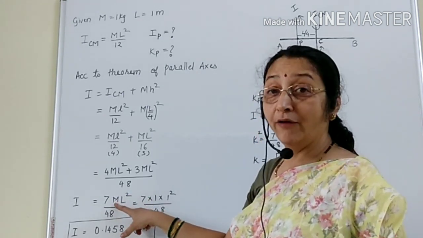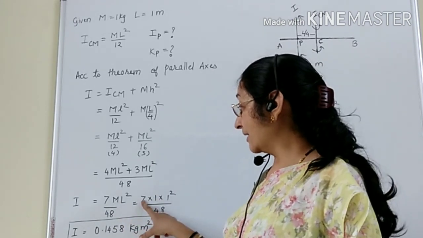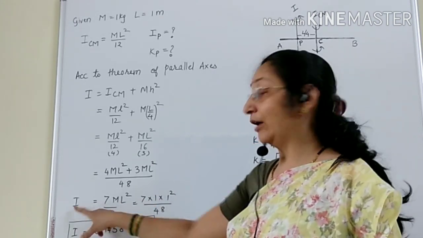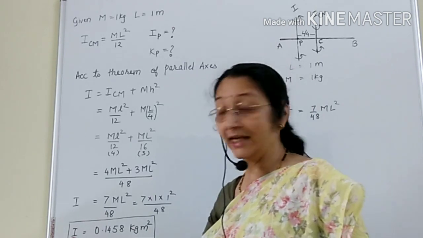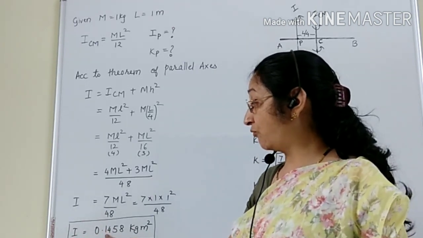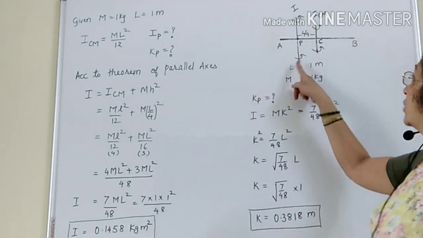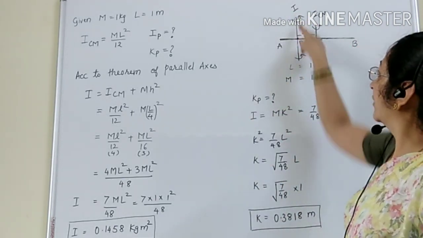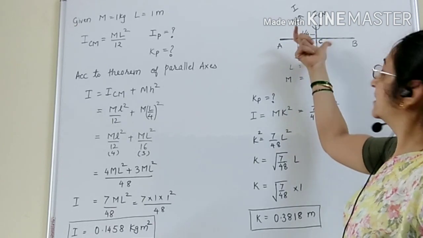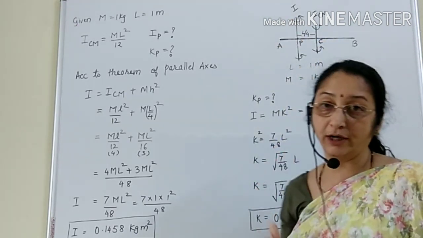Putting the value of m and l, we get 7 upon 48 as the value of I, which we calculated as I is equal to 0.1458 kg meter square, the moment of inertia about this axis of rotation when this rod is rotating in this way about this axis of rotation.